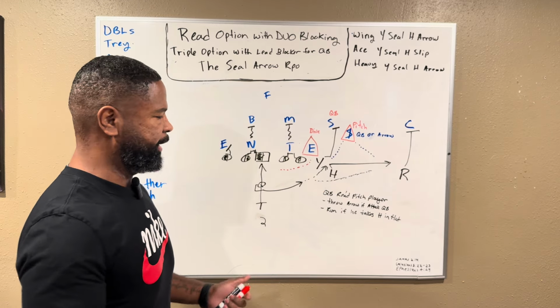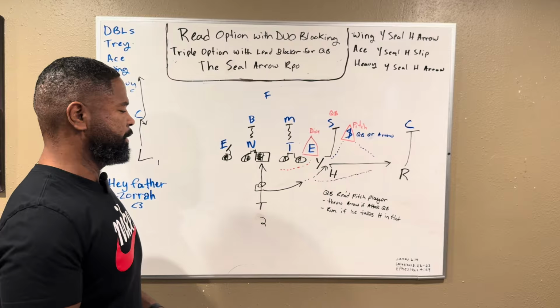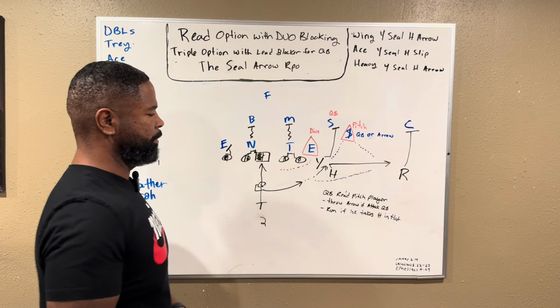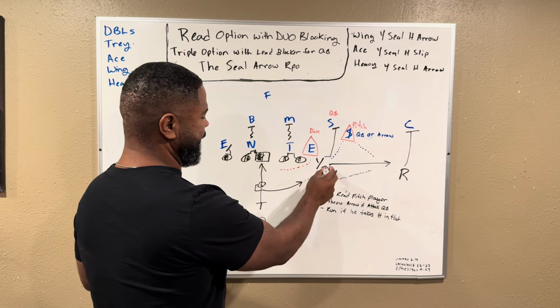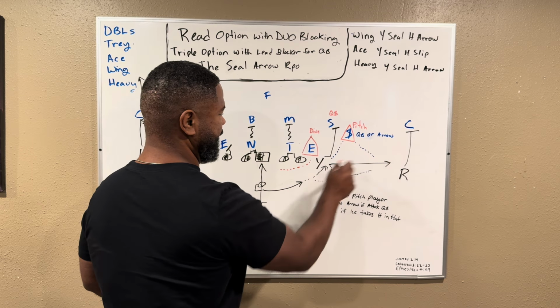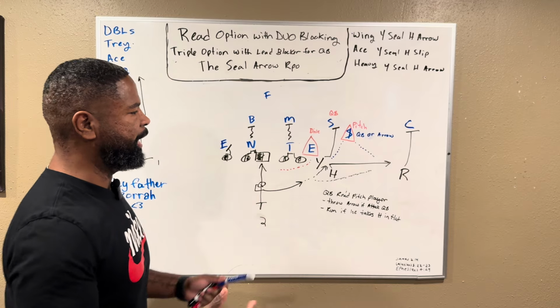So again, a lot of the things we do are centered around triple option offense. So dive, pull, pitch. So now the pitch player is our H, taking a jab step inside and then working out to the flat to put this guy in a 50-50 conflict.